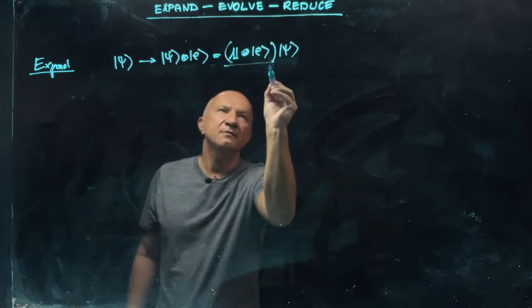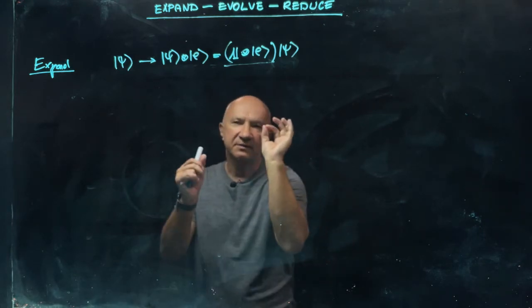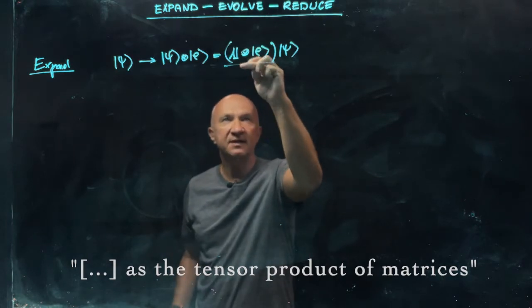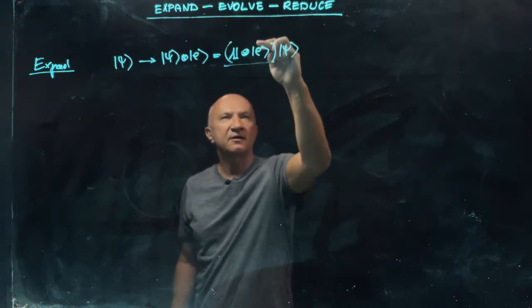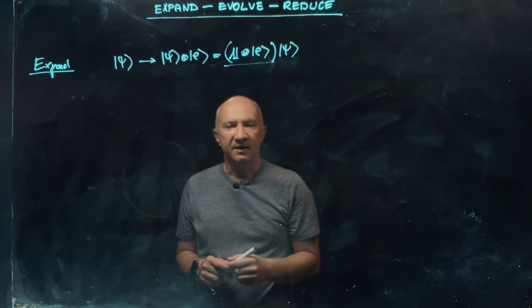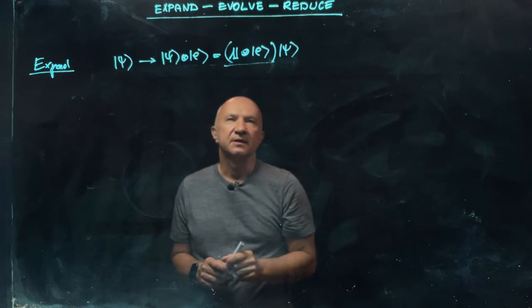Now when you look at this expression, you have the identity and you have a column vector, but think about this column vector as a matrix which has one column.